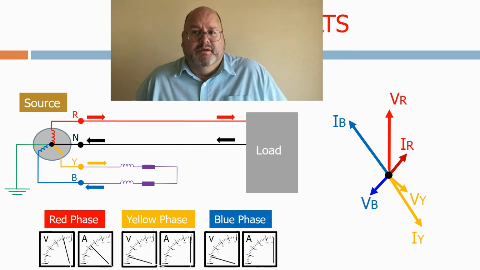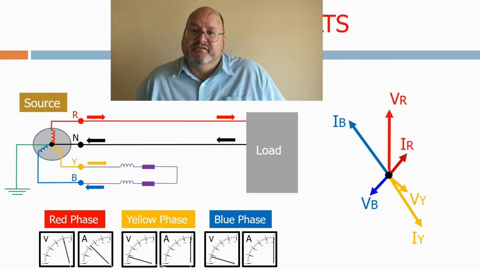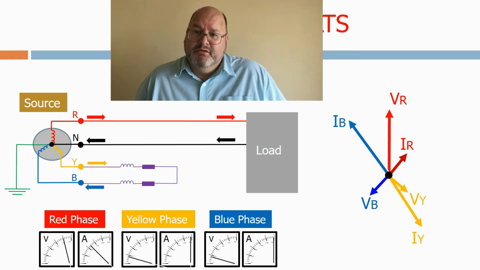On the faulted yellow and blue phases, the impedance has dropped substantially, as the load impedance is no longer connected. The current therefore increases substantially on both phases. It flows from one phase into the next, and is one of the few times we actually see line current. The current vectors reflect this, with the yellow current being 180 degrees out of phase to the blue current.